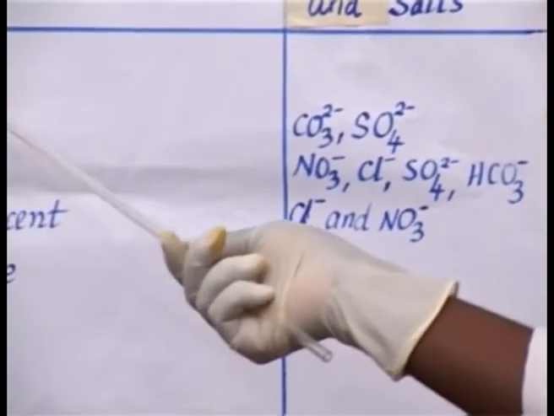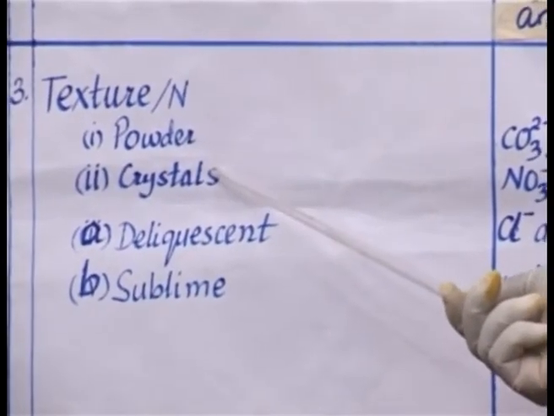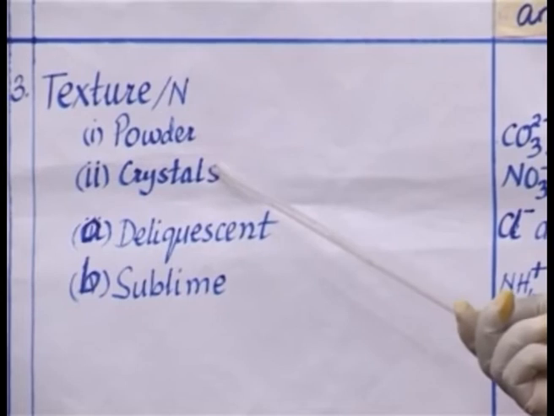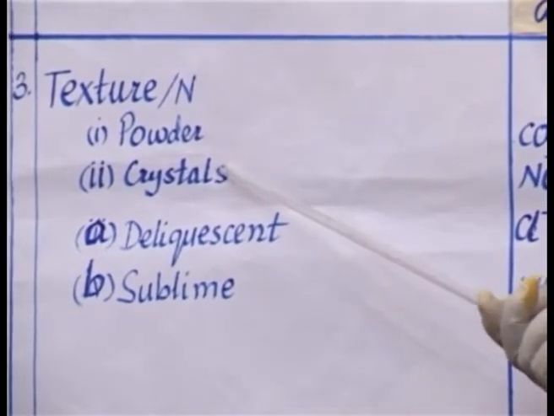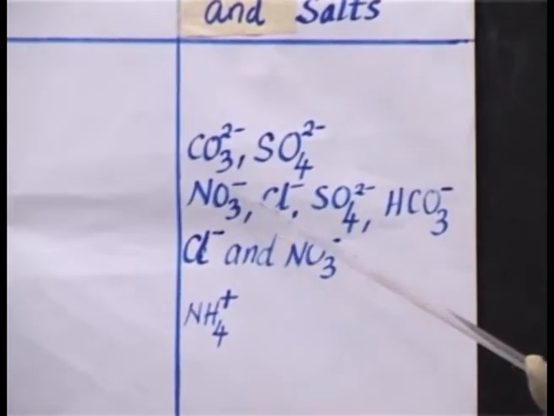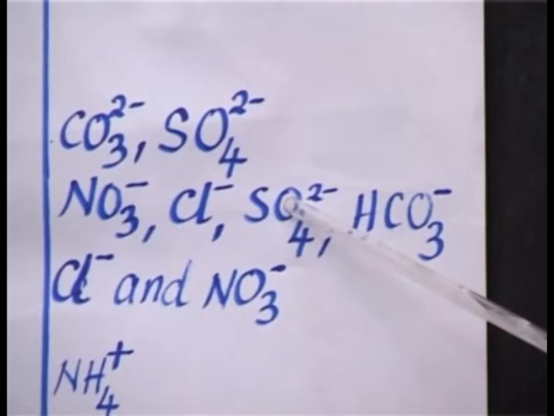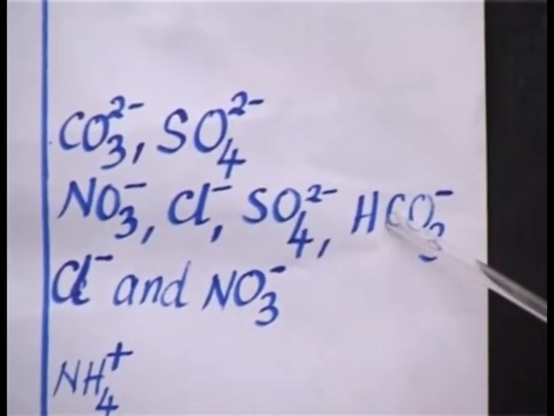If the texture of the salt is crystalline, it infers that the salt is either nitrate, chloride, sulfate, or hydrogen carbonate salt.